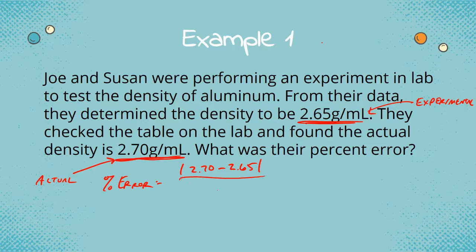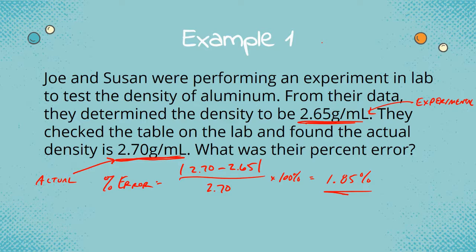It's all divided by the actual value again, which happens to be 2.70, and then multiplied by 100%. As we go through this, 2.70 minus 2.65 is 0.05, divided by 2.70 and multiplied by 100%, this gives us a percent error of 1.85%. All right, so Joe and Susan did a pretty good job.